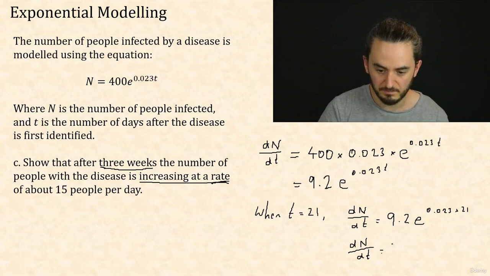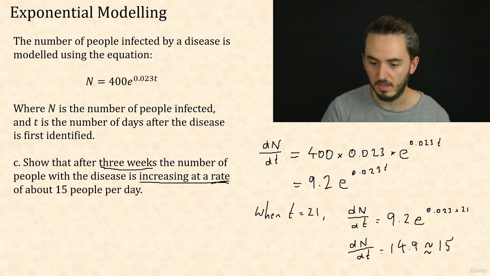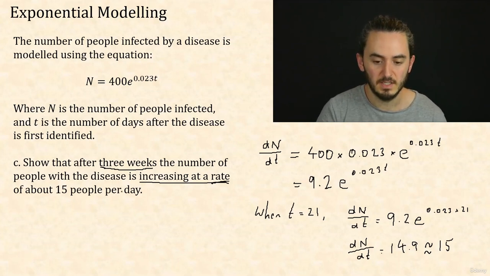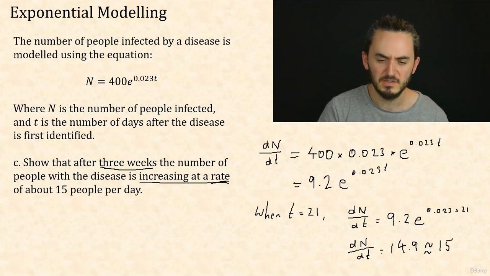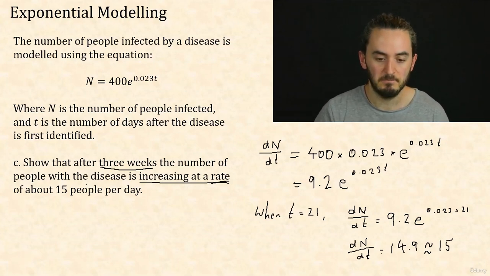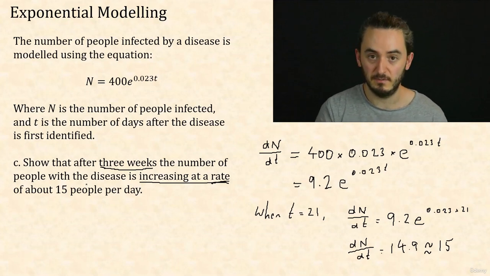We get 14.9, which is approximately 15. So therefore, the derivative is 15. So that means that the disease is spreading at a rate of about 15 people per day. So it tells us in practice that after 3 weeks, about 15 people per day are getting it. But as the disease spreads, more people will get it each day. That's at the heart of what exponential growth is.